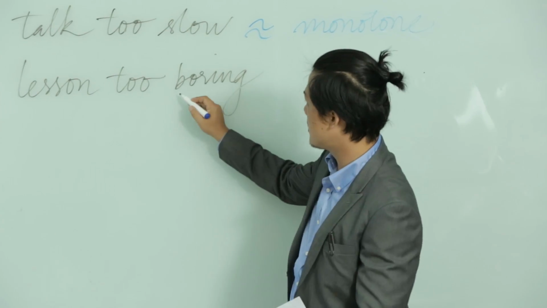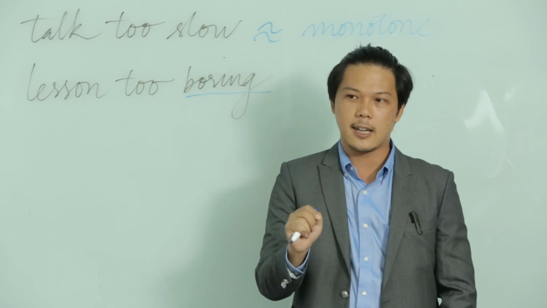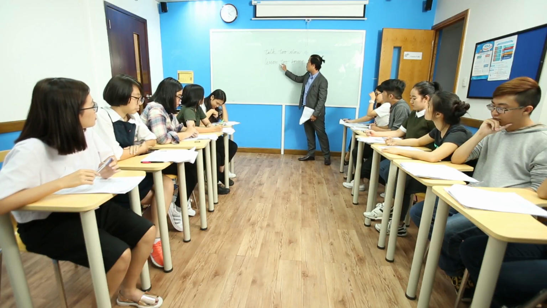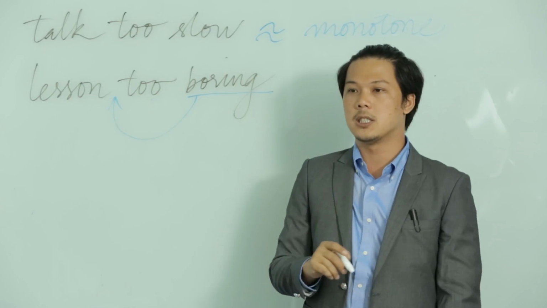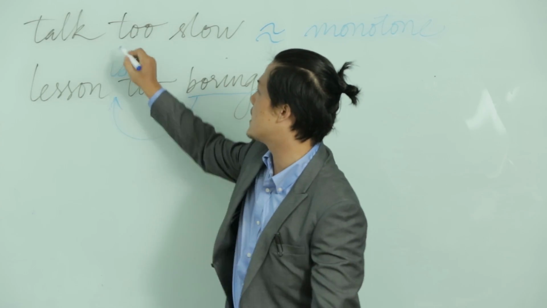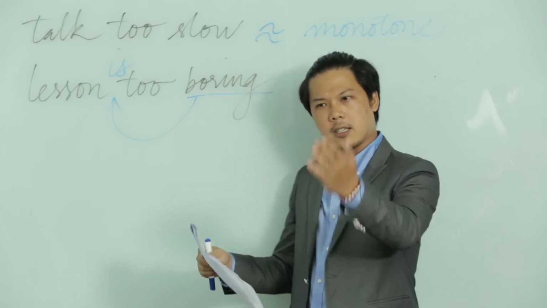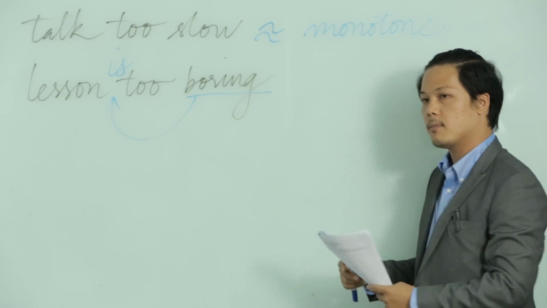One thing though, boring, what kind of word is that? It's an adjective, so we need what here? Okay, so lesson is too boring. Can you try that example again, please, Lynn? When teachers talk in monotone, or the lesson is too boring.